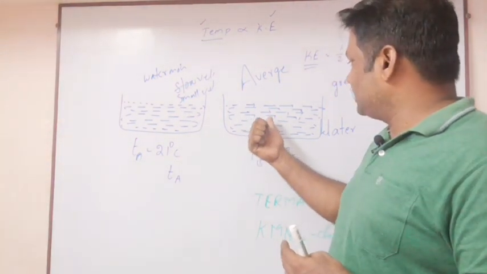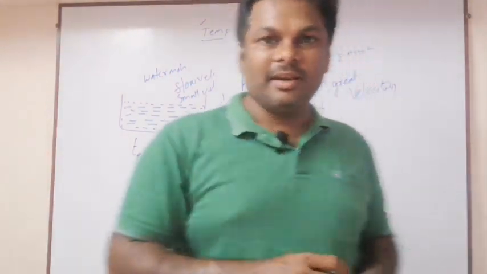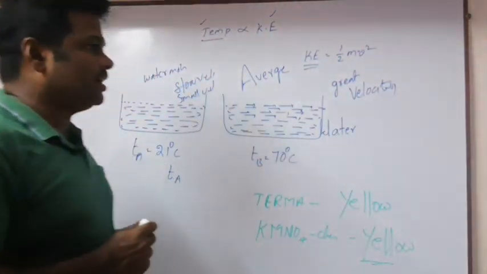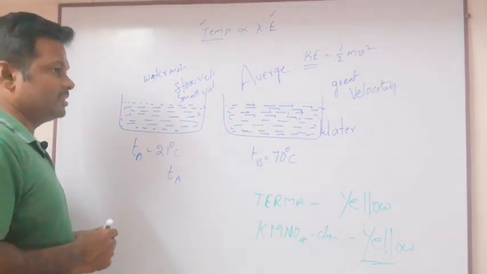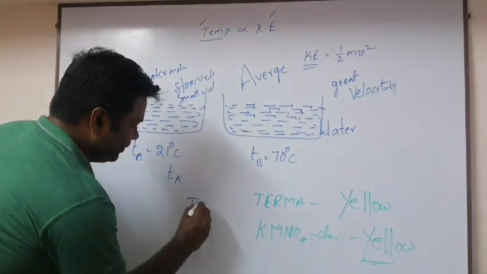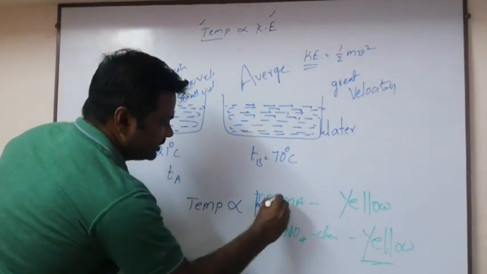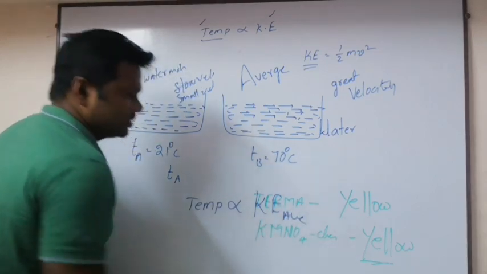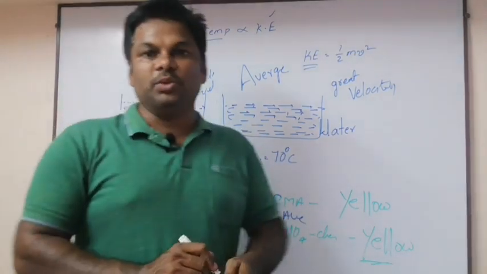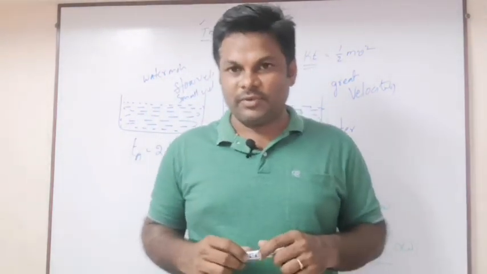Once the average kinetic energy increases, the temperature also increases. So there is a relation between temperature and average kinetic energy: temperature is directly proportional to the average kinetic energy of the molecules. This is how we got a lot of information.